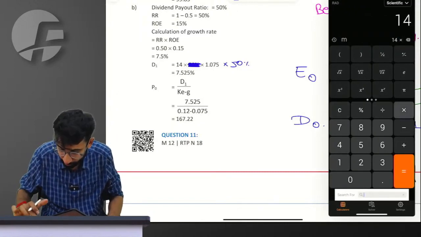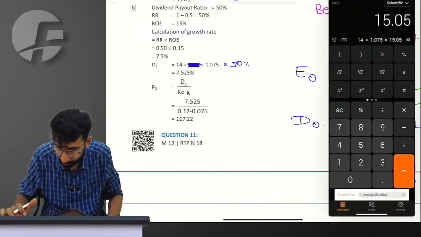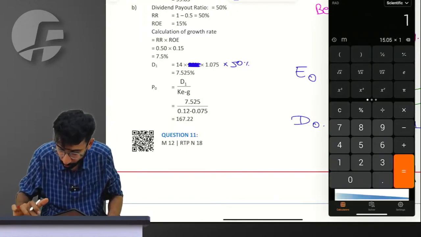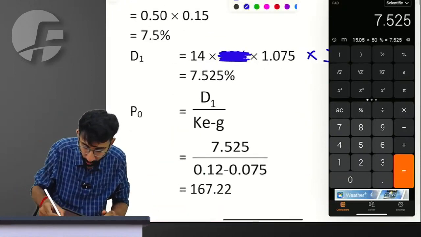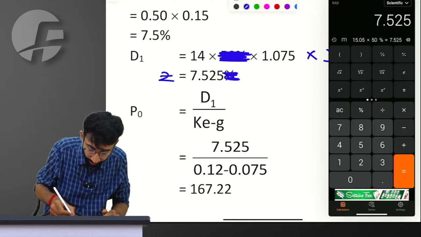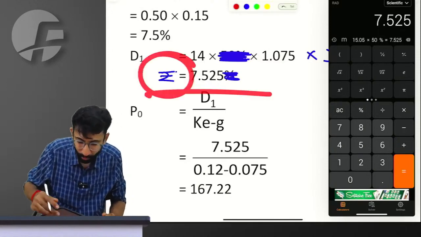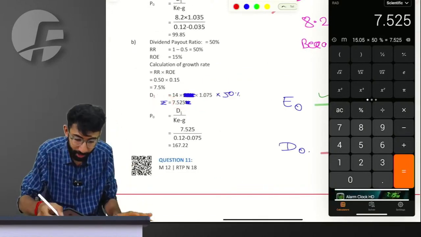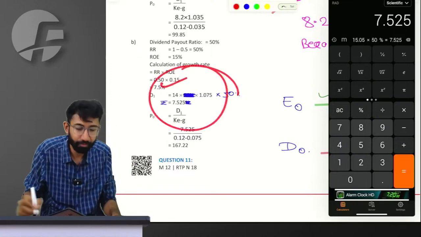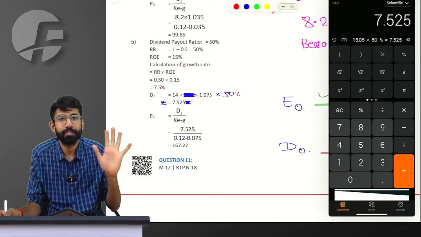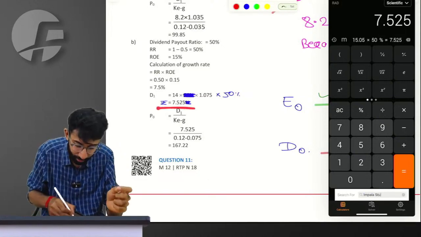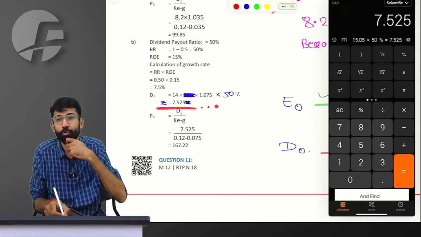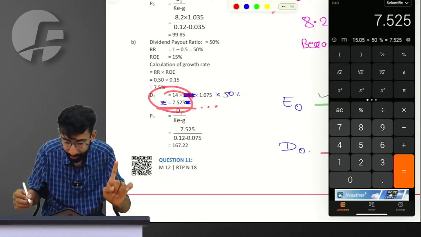So 14% into 1.075, whatever is the answer, into 50%, which is 7.525 rupees, not percentage. There are small rectifications like this, which I will try to do in the class, but if I miss it, kindly consider this understanding. We are learning it in a manner that you can do such rectifications on your own. So 7.525 is the revised D1.